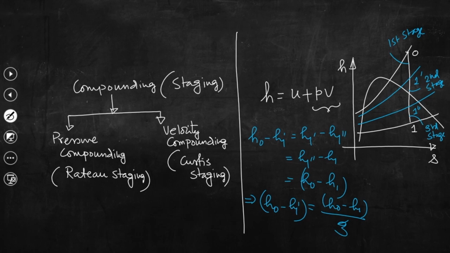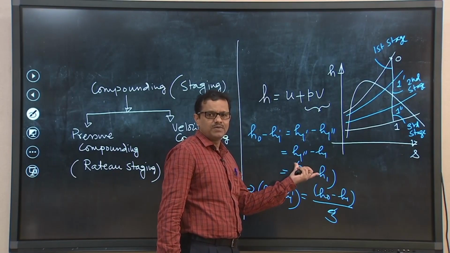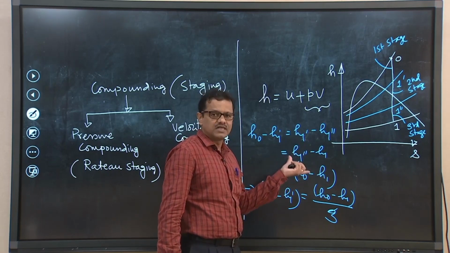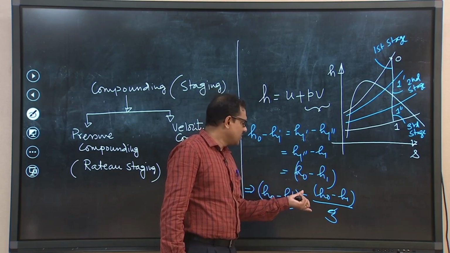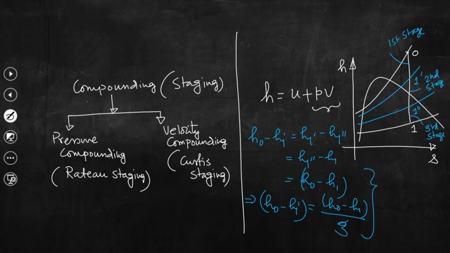So basically we are having 3 different stages. Total enthalpy drop is h0 minus h1, and that total enthalpy drop is now split into equal drops among a number of stages. So what we can understand from this expression is that the total number of stages is equal to delta h_s total divided by delta h_s stage.